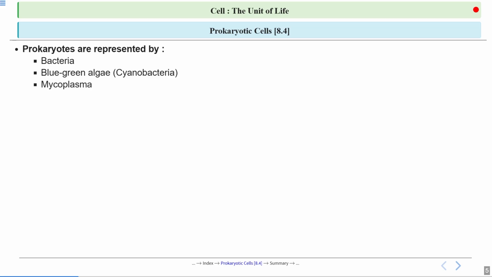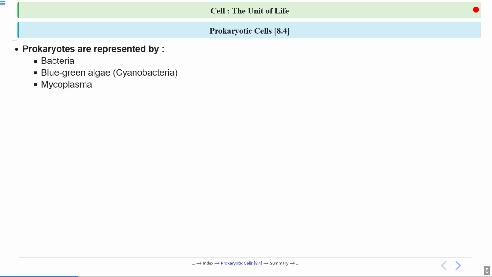Bacteria can be categorized into two groups, archaebacteria and eubacteria. Then you have the mycoplasma. Mycoplasma is also a prokaryote. Now what is the unique thing about mycoplasma? Mycoplasma is the smallest living cell and it lacks the cell wall.